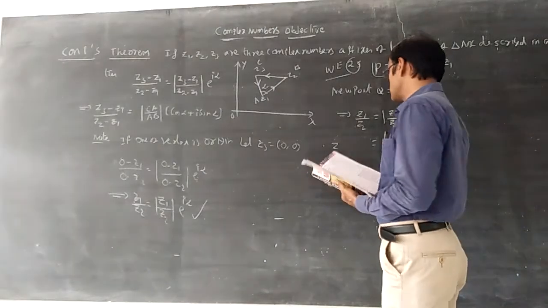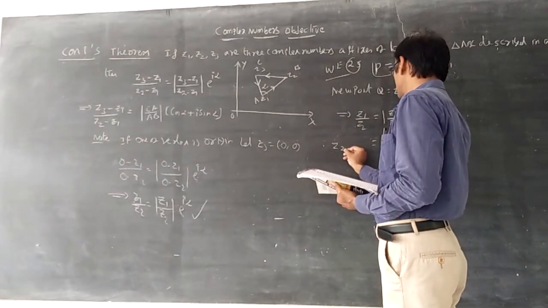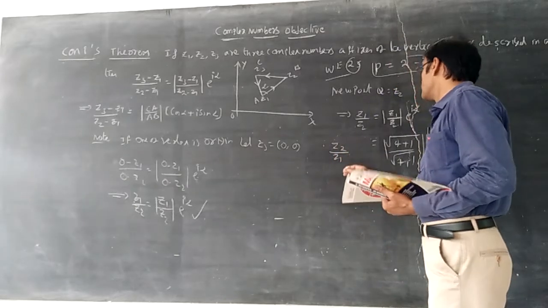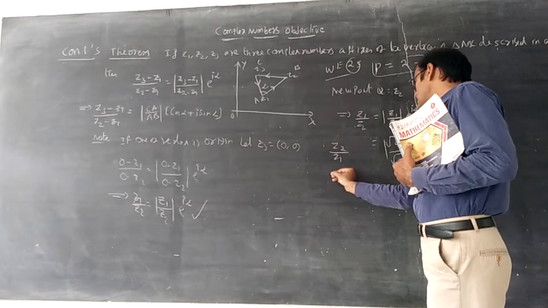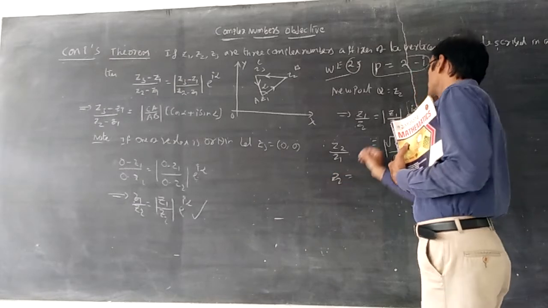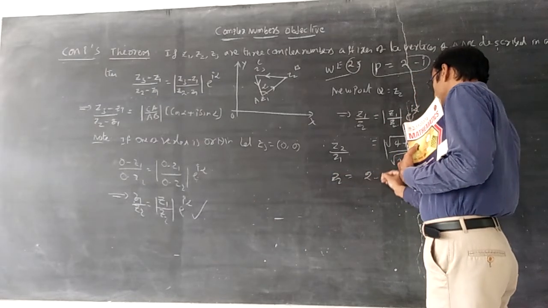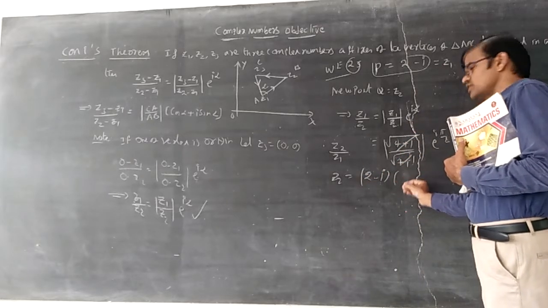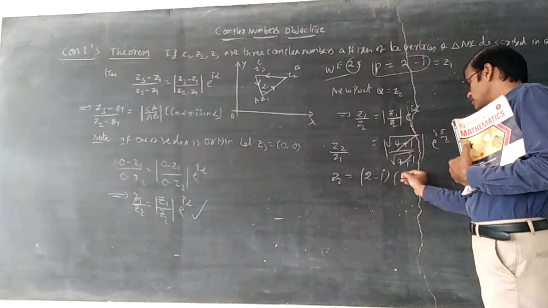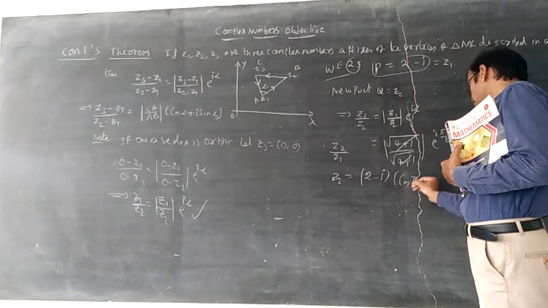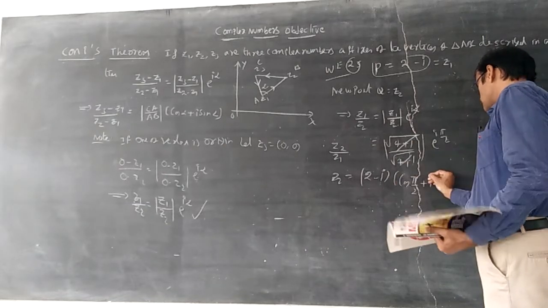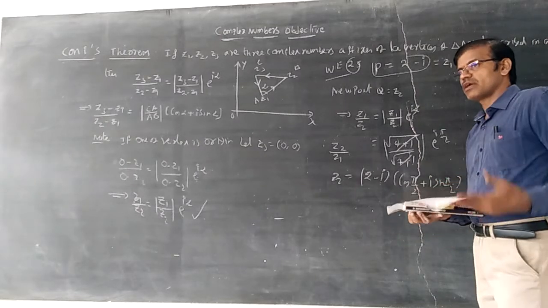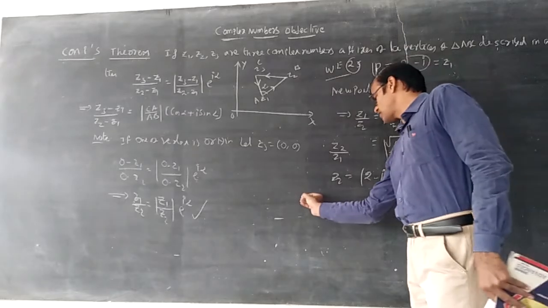Now we need the new number. Taking Z2 by Z1 formula, with Z1 as 2 minus I, and cross multiplying, Z2 is equal to 2 minus I into root 5 by root 5, which is 1, into e power I pi by 2, meaning cos pi by 2 plus I sin pi by 2, according to Euler's formula I have discussed.